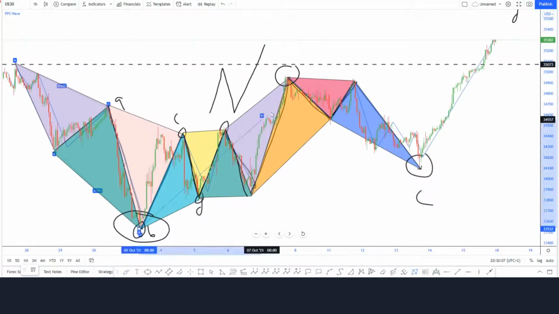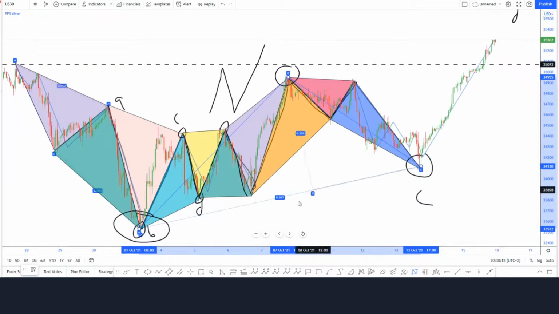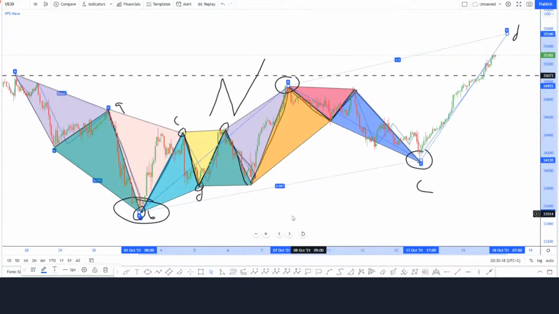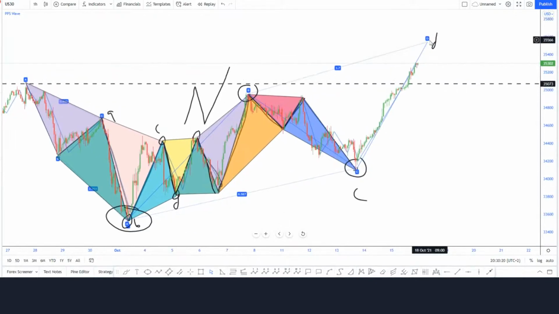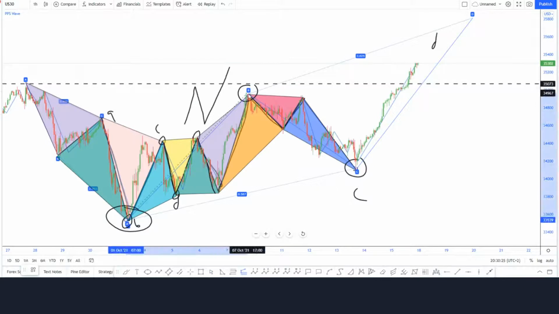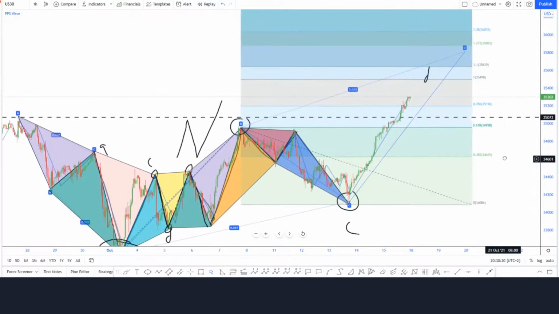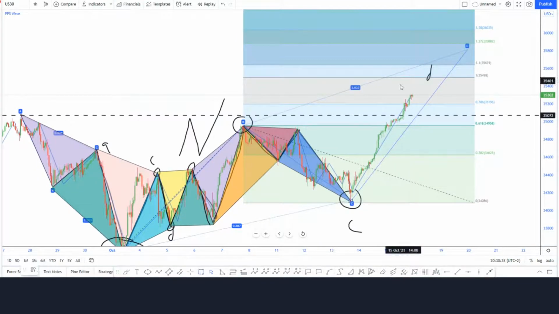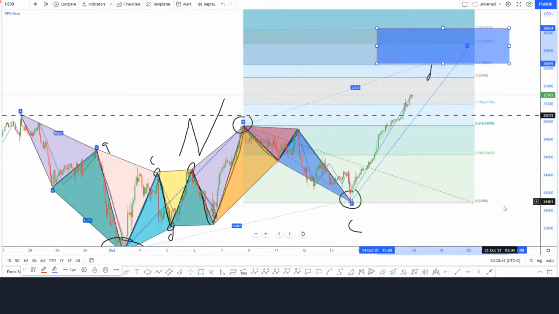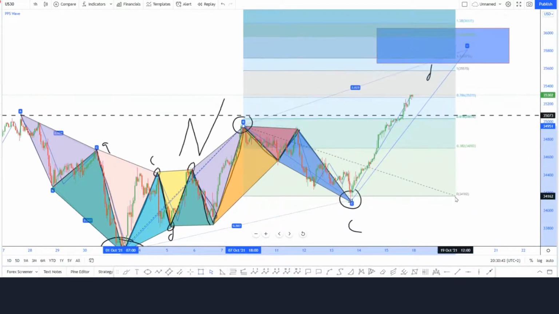That's A, B, C, and point C was 58%, so I'm gonna expect this to be just 100% as a start of this one. So basically, if I go from here to there, the Dow to have 100% ABCD is going to be here, and to have 138 is going to be here. So basically, that's an area where we can see a correction.